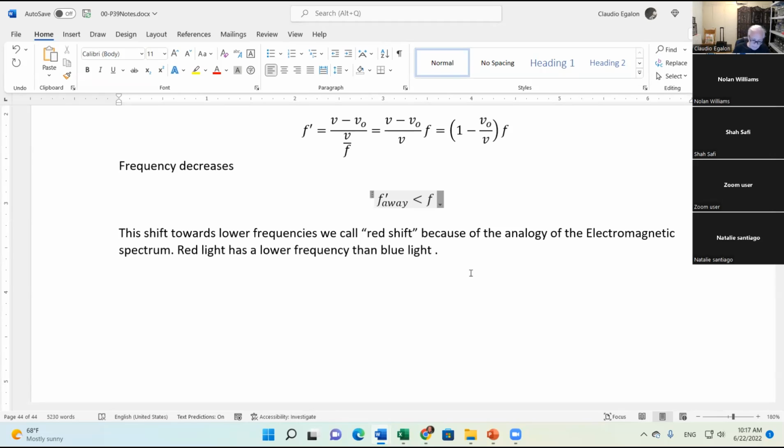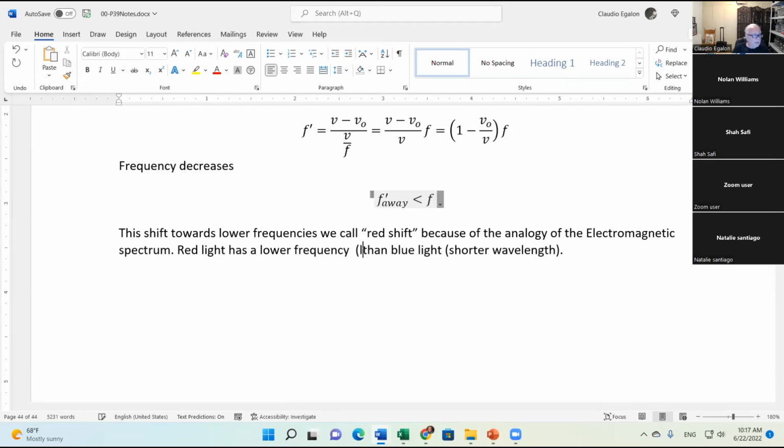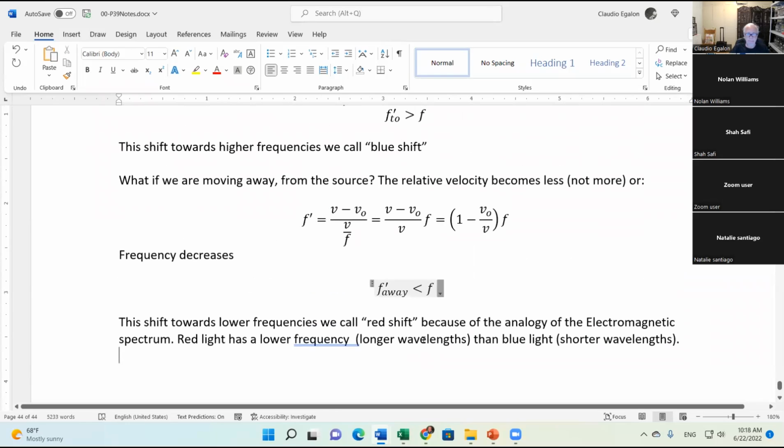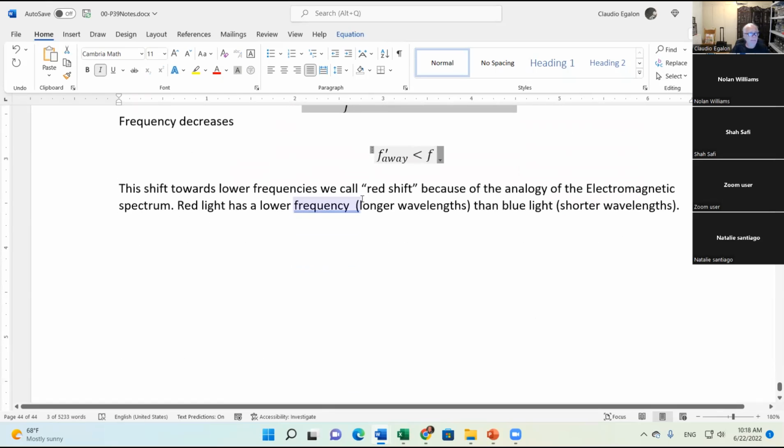Red has longer wavelengths, and shorter wavelengths have a higher frequency. That's the analogy of the electromagnetic spectrum. So that's what you have to know. Moving away, lower frequency. Moving towards, higher frequency.